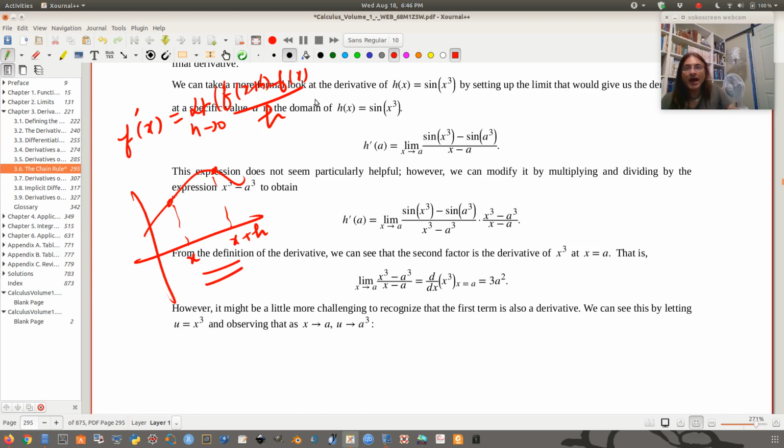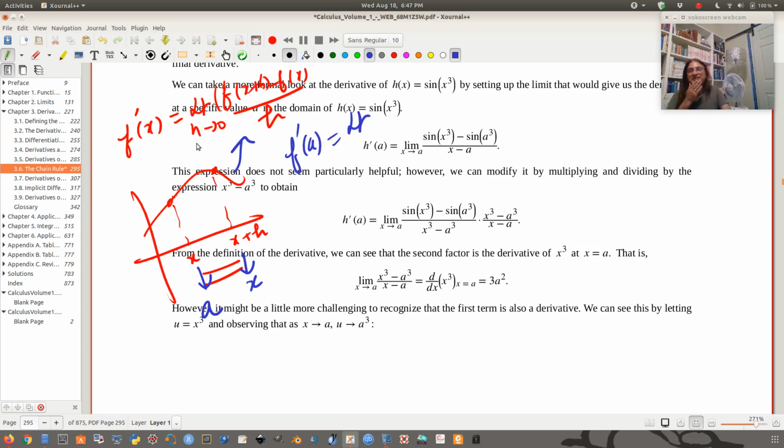However, let's say we call this point A and this point x, and we rewrite this derivative at A, not at x now. So this becomes f prime of A is the limit as this distance goes to 0.